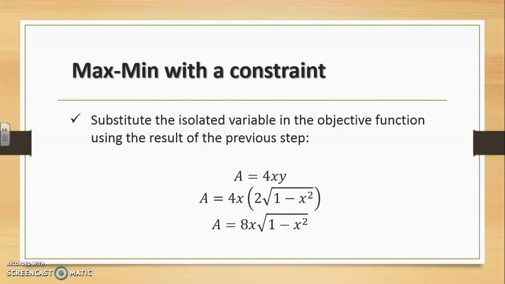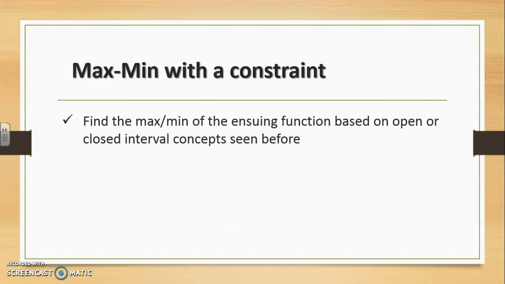Someone could also say it is a closed interval problem because according to our picture, x has to stay on the ellipse and therefore has to stay between 0 and 1. So one or the other would be fine. So now we're going to find the max and min values of the area based on the 1-variable function that we just constructed. Here we go.